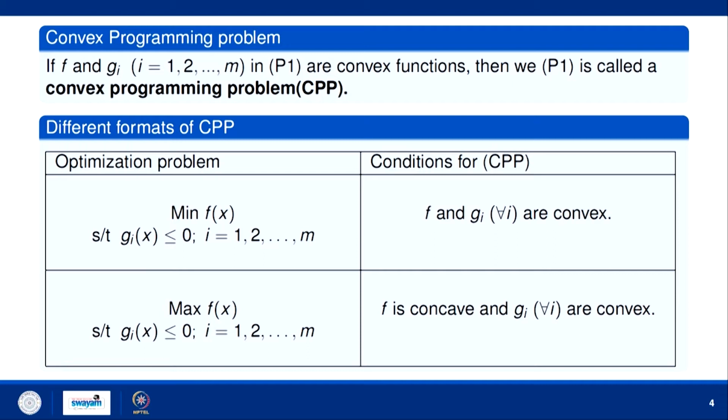See, if this is minimization type f(x) subject to g_i(x) less than or equal to 0, i from 1 to m, which is P1 basically, then such a problem is a convex programming problem if f and g_i for all i are convex. We have already seen this thing. But if the objective function is maximization type and g_i is less than or equal to 0 for all i, then this is called a convex optimization problem or convex programming problem if the objective function is concave and g_i for all i are convex.